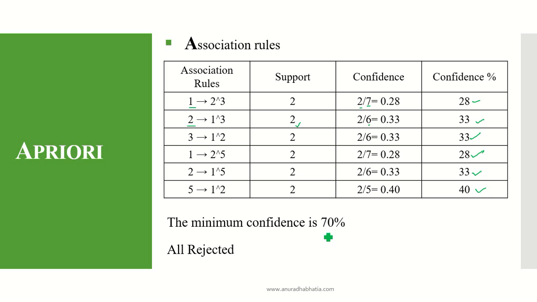The minimum confidence given at the beginning is 70%. Since all of them are less than the minimum confidence, all the association rules are rejected. This is how the a priori algorithm helps us to find the association rules. Thank you.